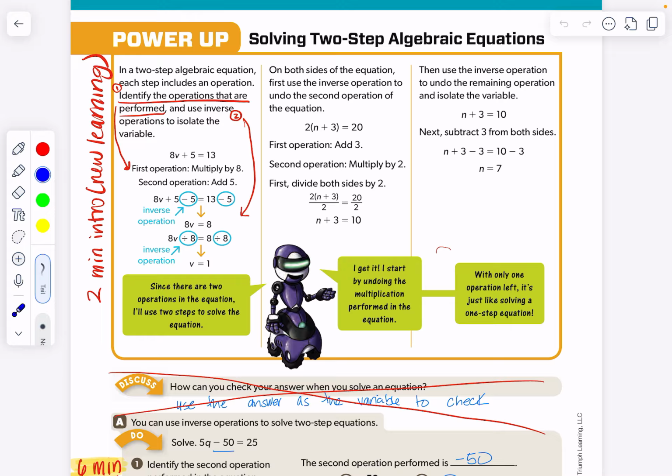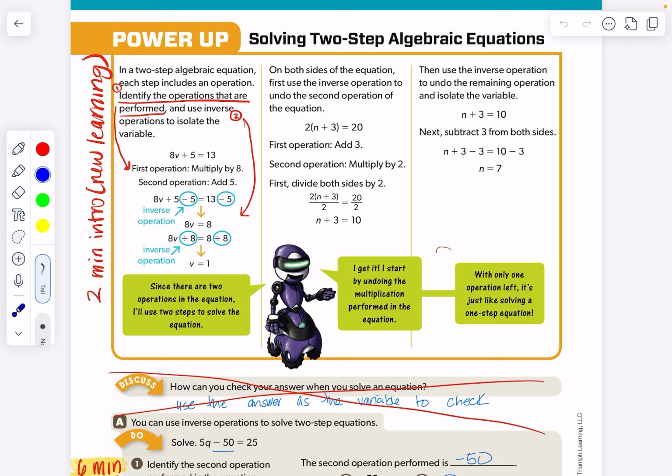So the first operation that we are going to do is subtraction. So instead of adding 5, we are going to subtract 5 from both sides. When we do that, we are left with 8v on the left-hand side, and then because 13 minus 5 is 8, we will have 8 on the right-hand side.